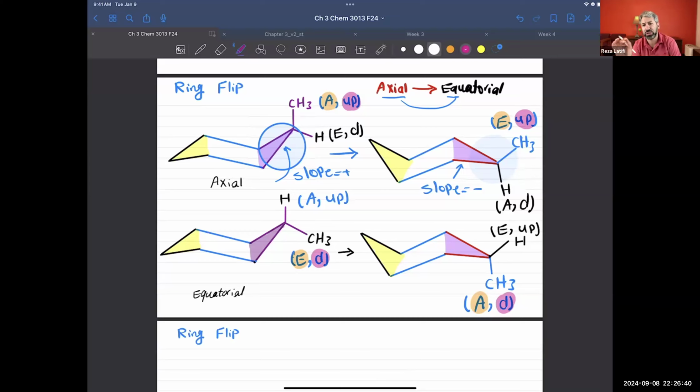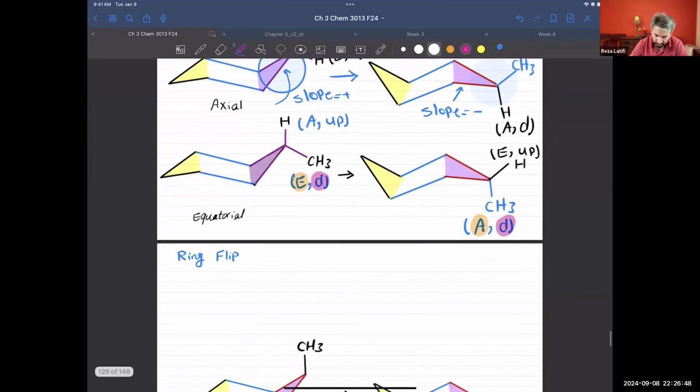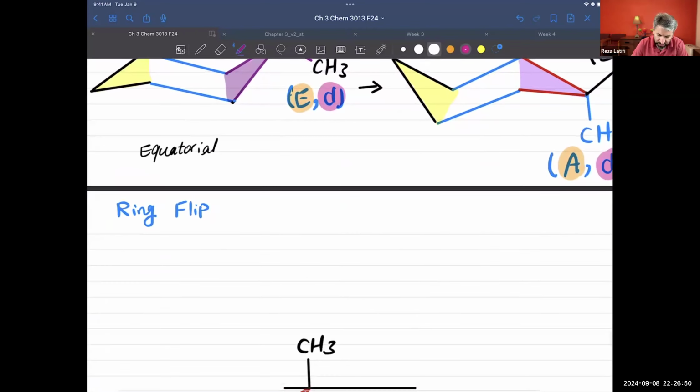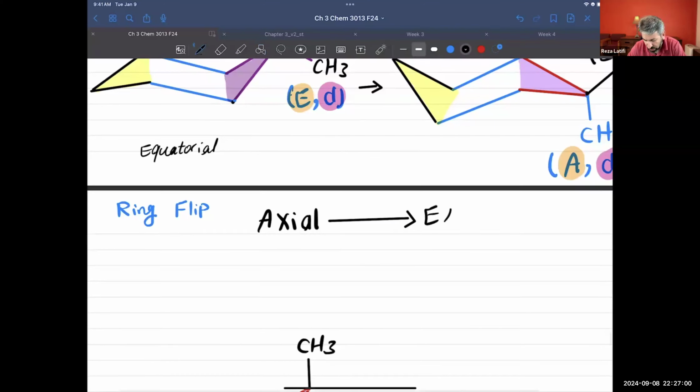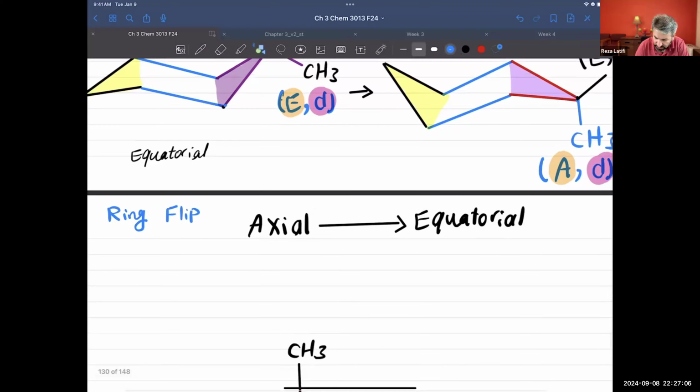But axial is switching to equatorial, and equatorial is switching to axial. So keep this one in your mind. Whenever we are doing ring flip, the axial will change to equatorial, and equatorial also can turn to axial.